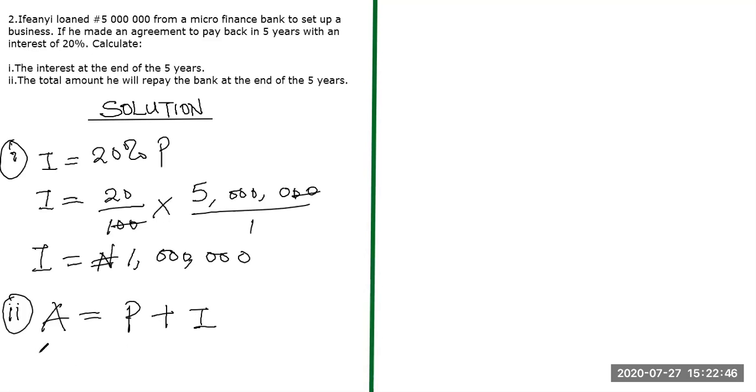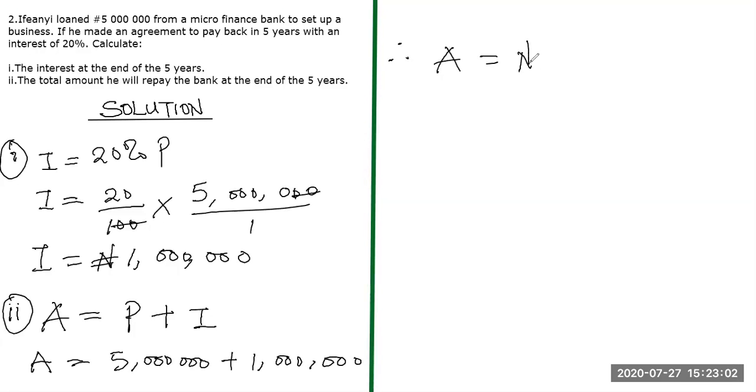That gives us amount is equal to 5 million plus 1 million, and the amount that Ifeanyi will return is 6 million naira at the end of the 5 years.